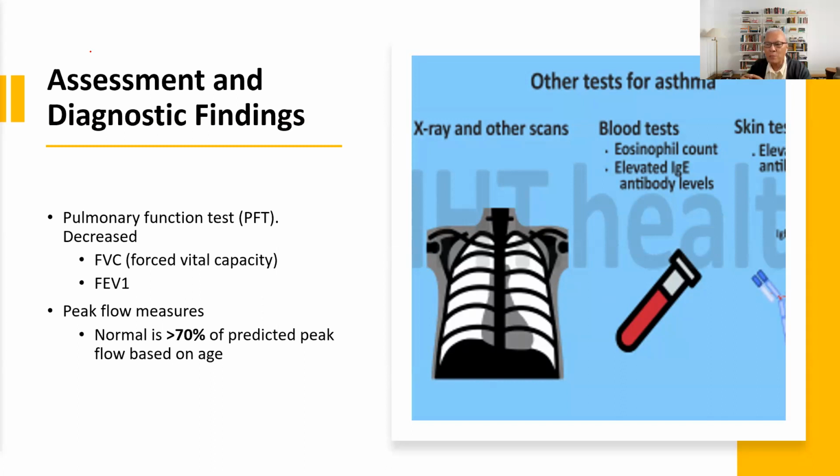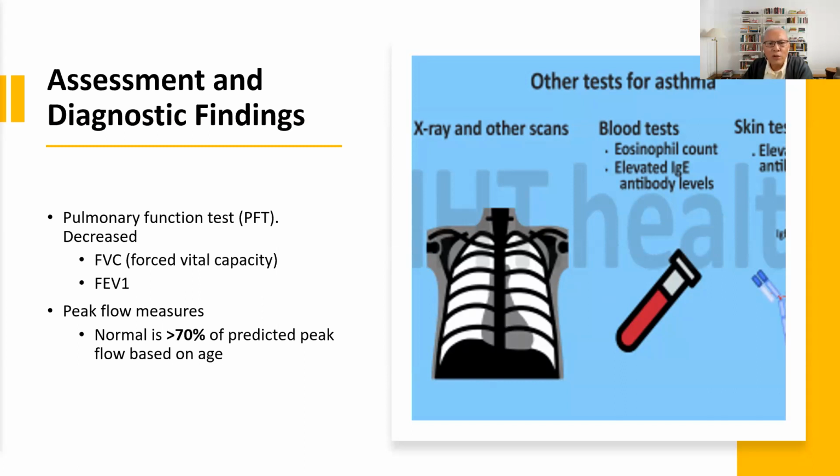So if you ask a patient to take in a deep breath and blow as quickly as possible, fastest and hardest, then this is what's called the peak expiratory flow rate. So this is like a bedside mini pulmonary function test, not quite as reliable, but very useful in an emergency setting.